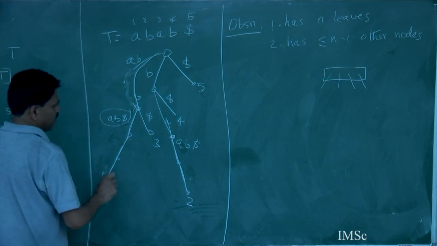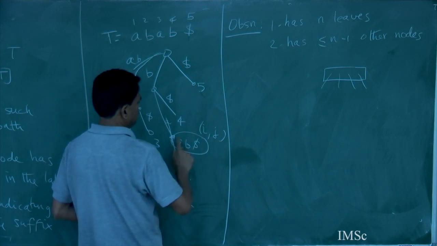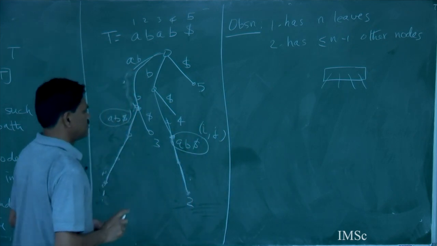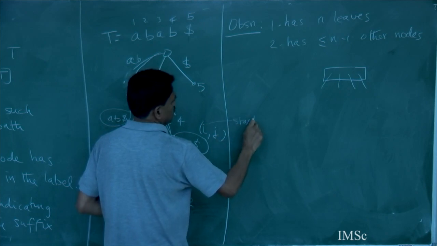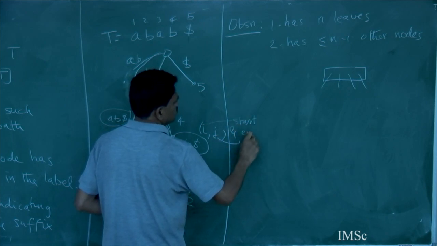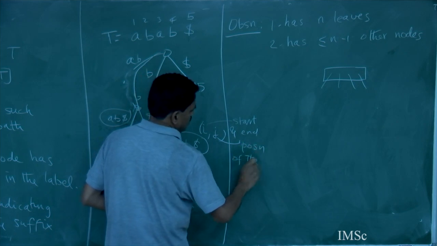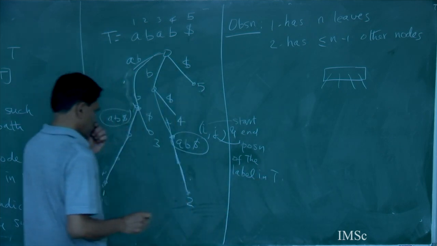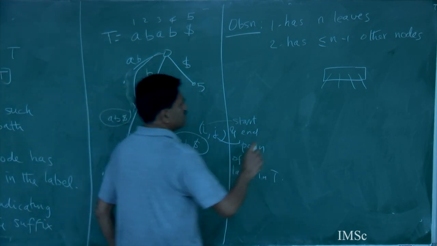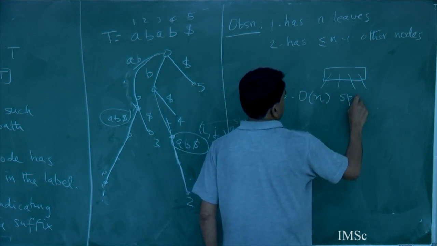So, I will have some i comma j where this is the starting and this is the end position of the label in the text. So, that makes this order n space.